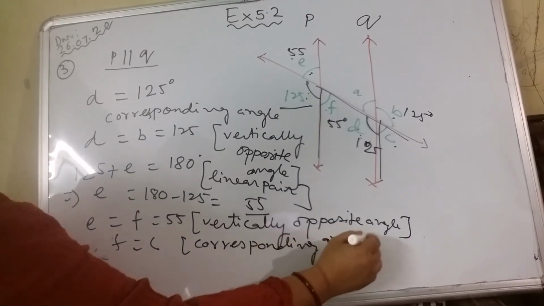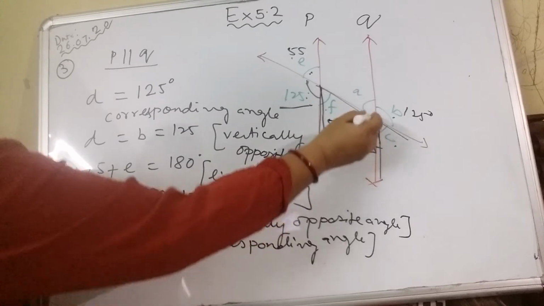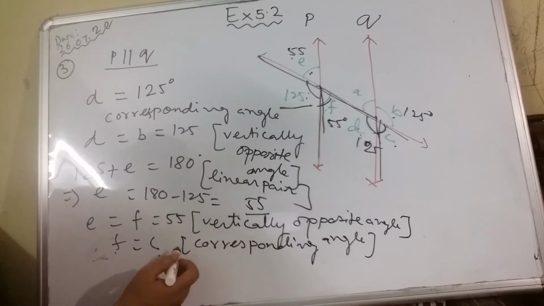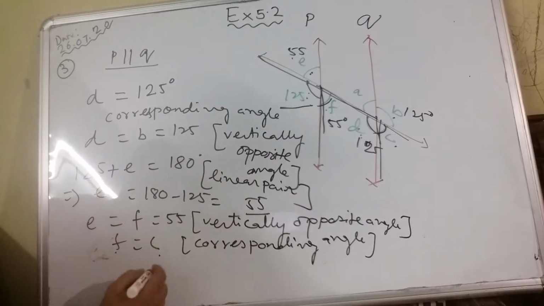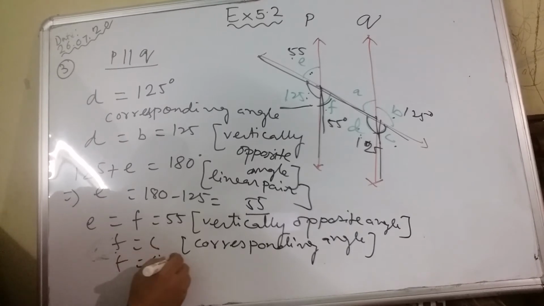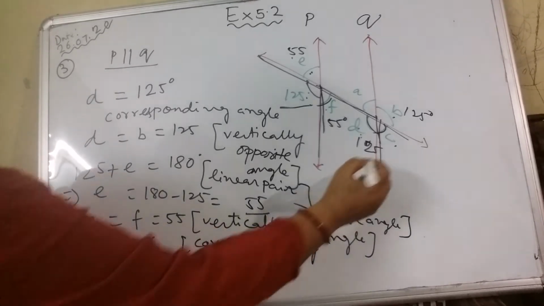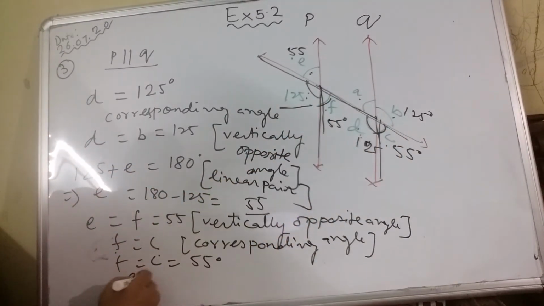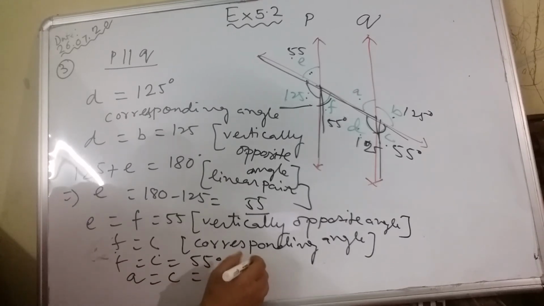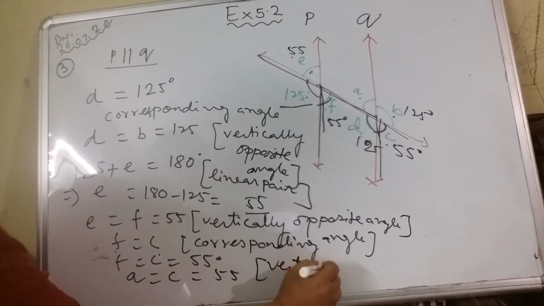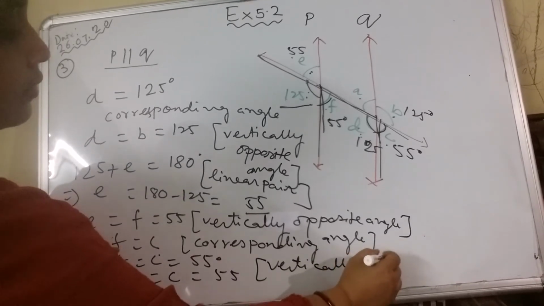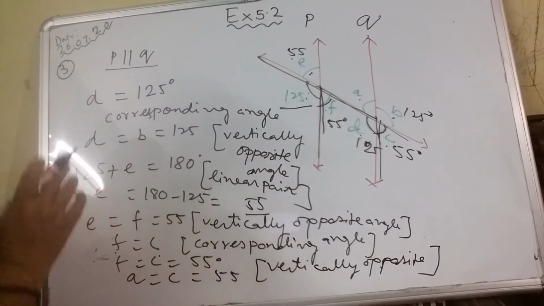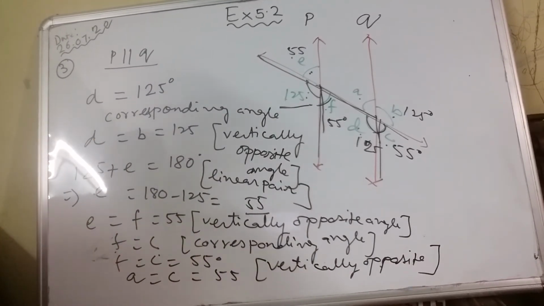Angle F equals angle C because they are corresponding angles, and F is 55 degrees, so C will be equal to 55 degrees. And angle A and angle C will be equal because they are vertically opposite angles. This way, you have to use the properties that we have already learned to find the unknown angles.